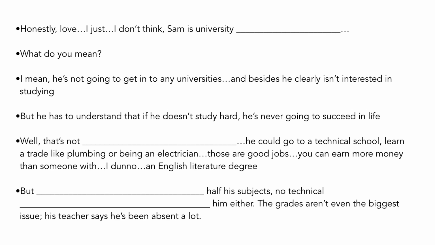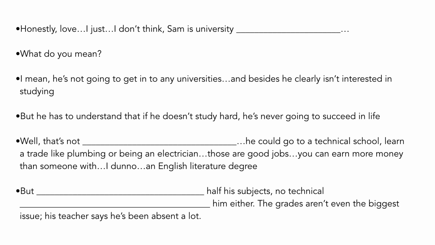Honestly, love, I don't think Sam is university material. What do you mean? I mean, he's not going to get into any universities, and besides, he clearly isn't interested in studying. But he has to understand that if he doesn't study hard, he's never going to succeed in life. Well, that's not entirely true. I mean, he could go to a technical school, learn a trade like plumbing or being an electrician.